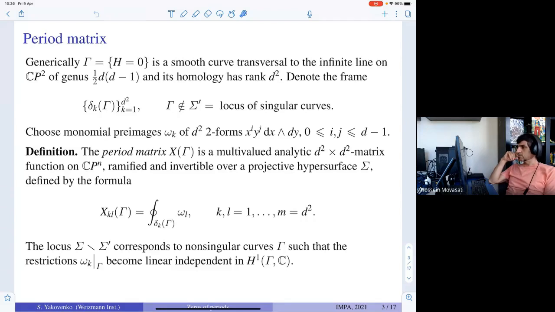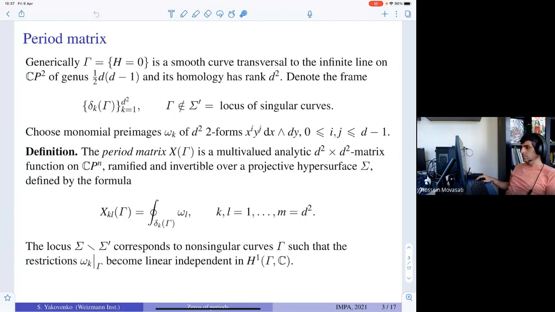We deform the curve, and as long as the deformation allows us to track all cycles, we can push them from one point to another. And so we have a multi-valued framing on the space of generic curves. Multi-valued means that if you make a continuous deformation and restore the curve back to its original position, the impact of this on the cycles can be non-trivial.